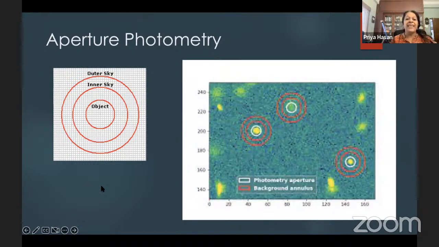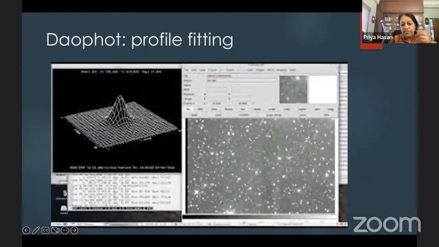The other, more correct way of measuring the brightness of stars is by what we call profile photometry. Now we know that every star, in principle, spreads its light. So this is the profile of a star. If you have a circular star, in principle, it gives you a profile like this. So when you're taking aperture photometry, you're slicing, and depending on the size of the slice, you are slicing it.